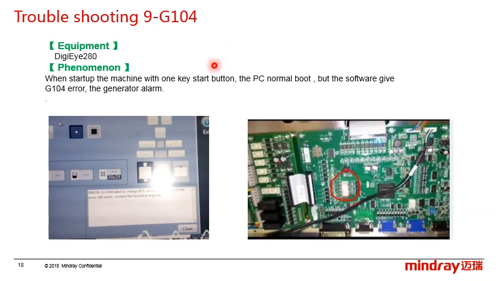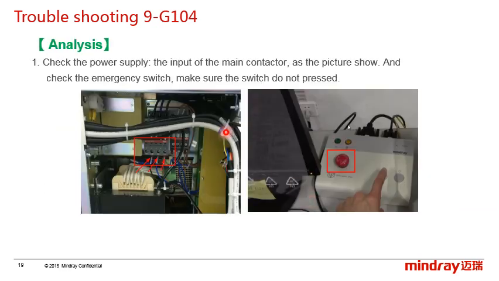The last typical case is about the G104 error. When starting up the system with the one key start button, the PC boots up normally, but the software gives the G104 error and the generator fails. How to analyze this problem?